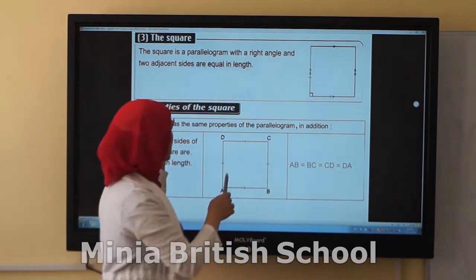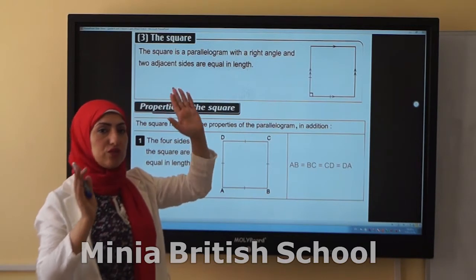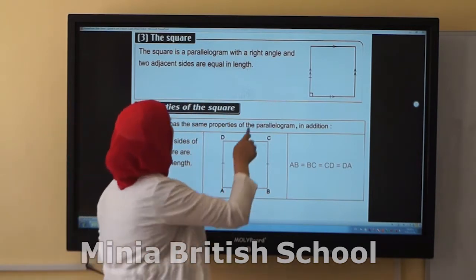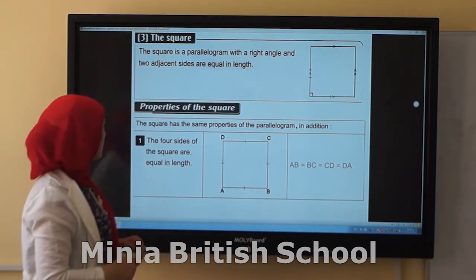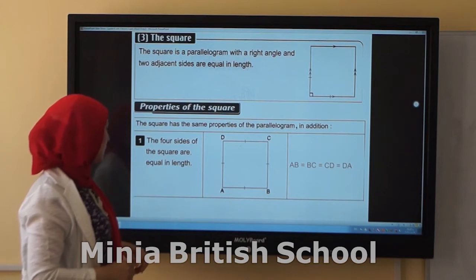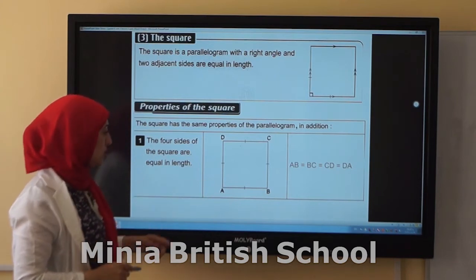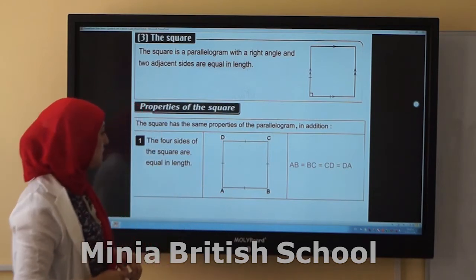Or we can say one right angle. It's a parallelogram with one right angle, and the four sides are equal. Okay, the properties of the square here. The four sides of the square are equal in length. AB equals BC equals CD equals DA.